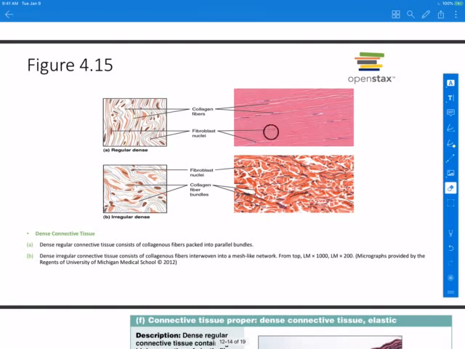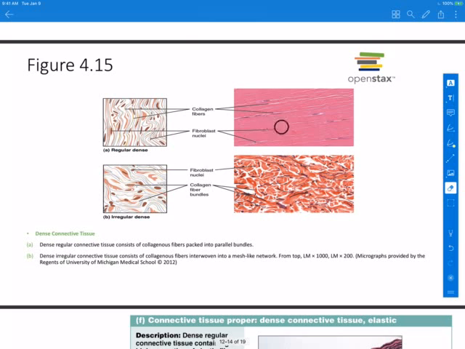Also, you can see fibroblasts within the tissue that are secreting the ground substance. There are mostly collagen fibers, but there are a few elastic fibers, and the major cell type is the fibroblast. They basically function to attach muscles to bones in the form of muscle tendons.